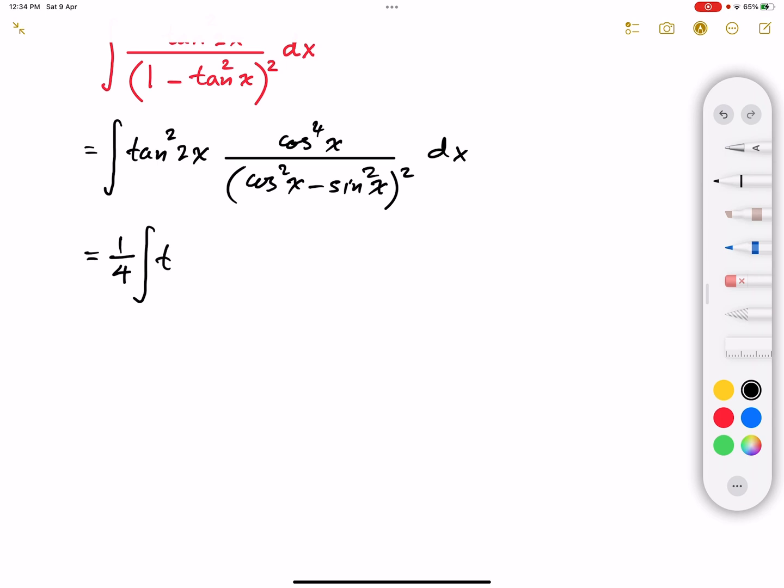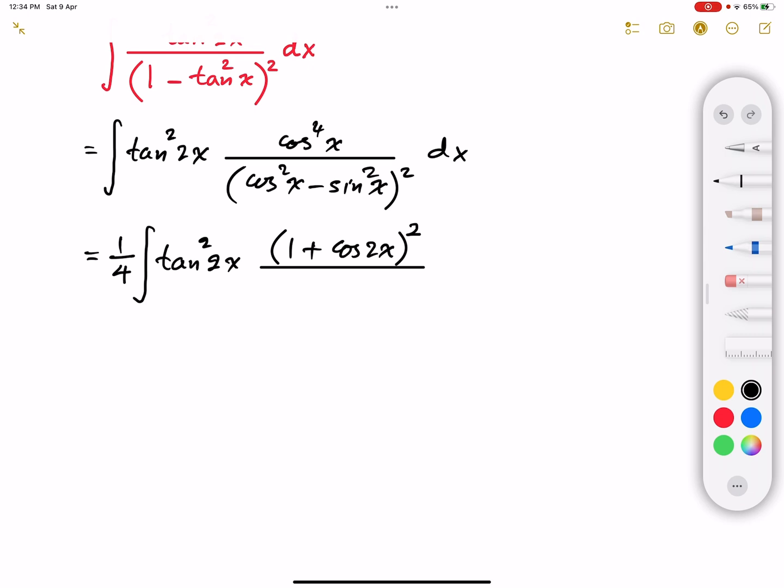The tangent is going to be left as is. And here we get (1 plus cosine 2x) raised to the power 2, of course. The half was taken outside as 1/4 because it is squared.